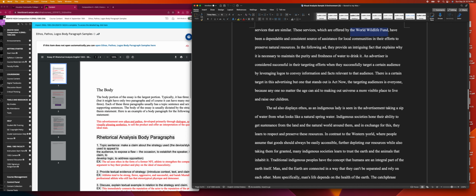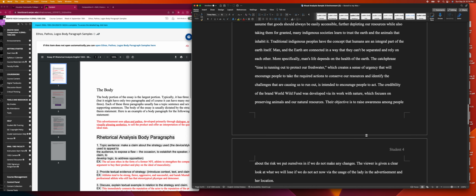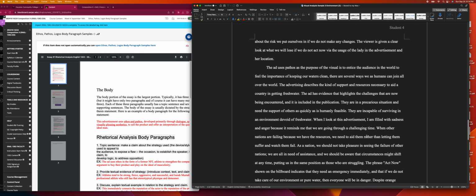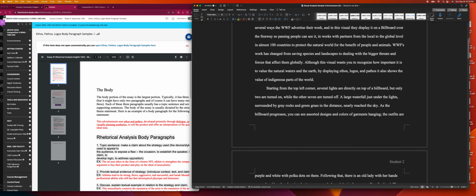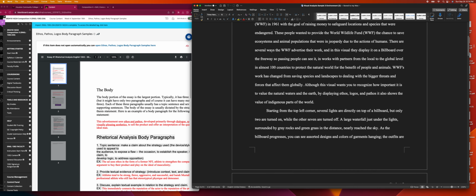If we go down and look at the paragraph on pathos then. This is an emotional argument. He should be answering, how does this image make an emotional appeal to the audience that supports whatever this student said is the thesis, right? So I guess the first thing to do would be to go back and take a look at his thesis again.